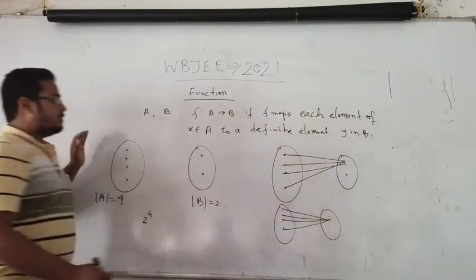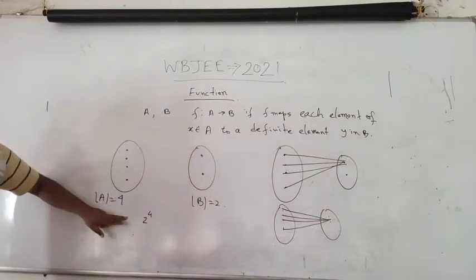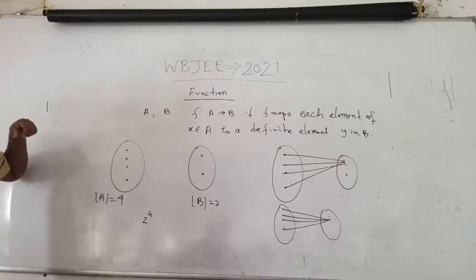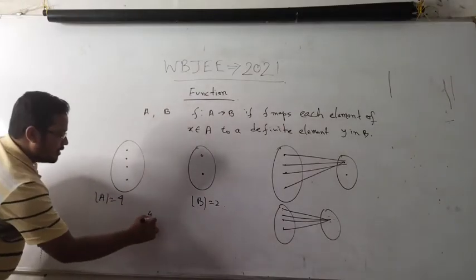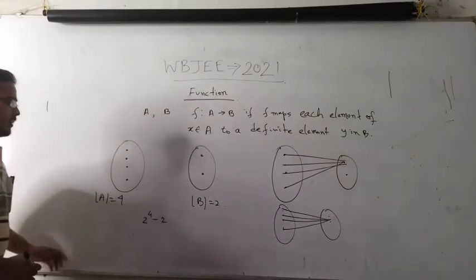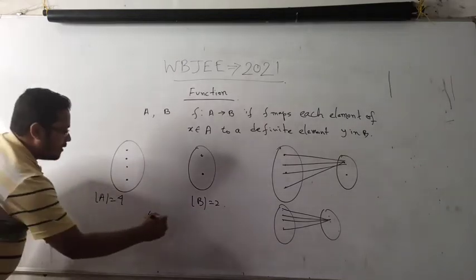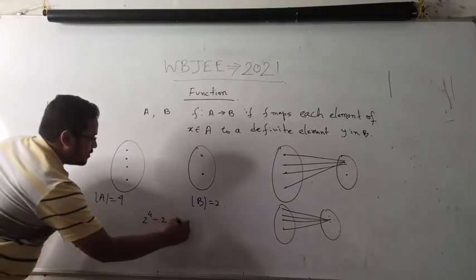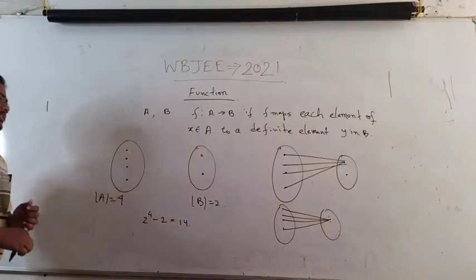So we have to subtract 2 from 2 to the power 4, and it will give you the total number of surjective functions, which is actually 14.